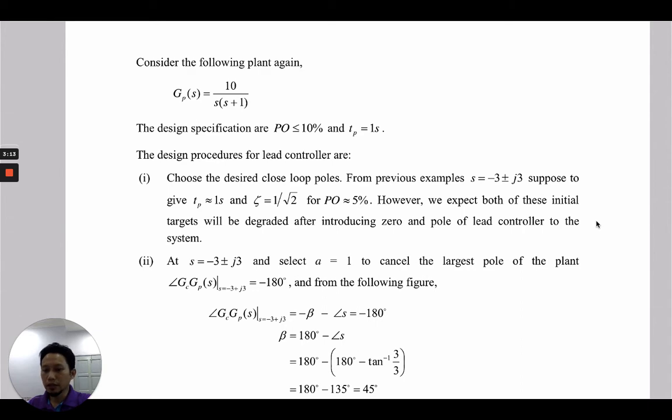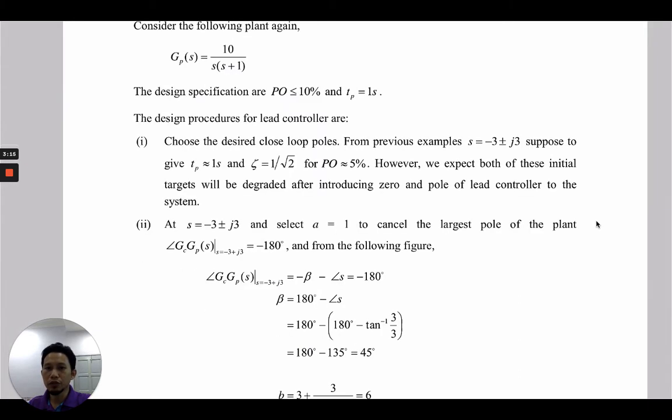The design procedure for the lead controller is similar to the previous examples. We need to choose the desired closed-loop poles, and from the previous example we calculated that s = -3 ± j3, to get a Tp around 1 second.